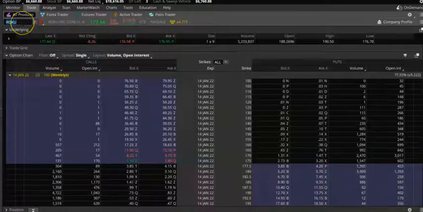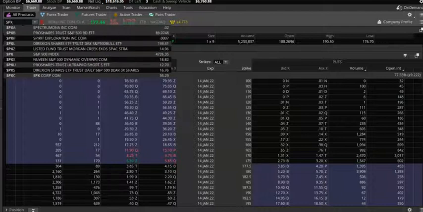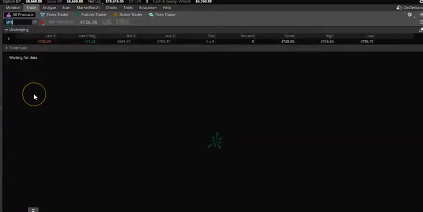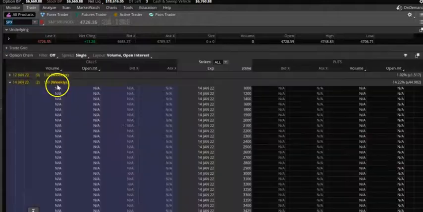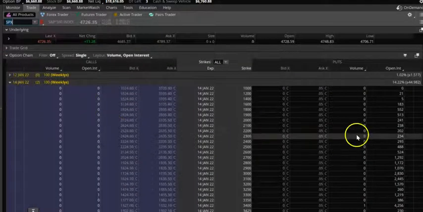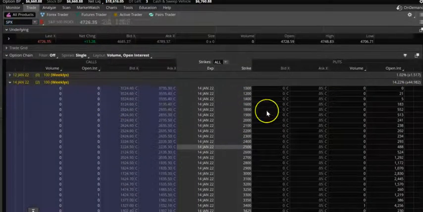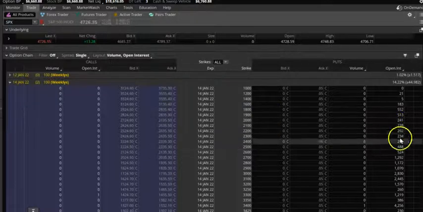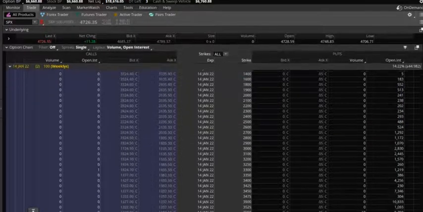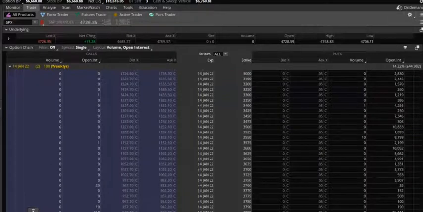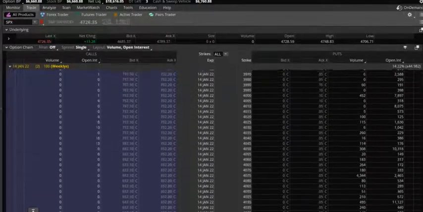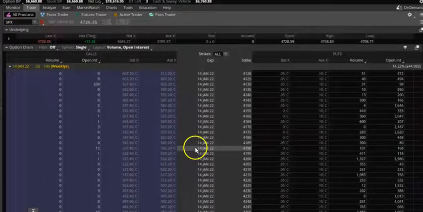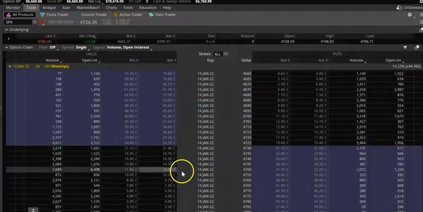So let's look at a stock which is very liquid, SPX. Let's wait for it to come back. So here, if you look at this, let's look at SPX.